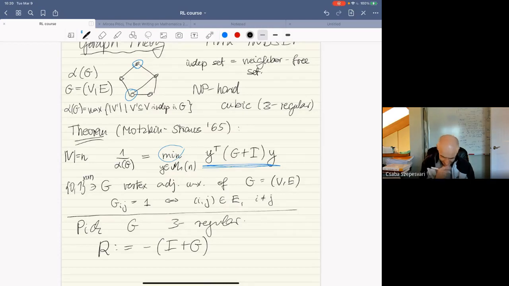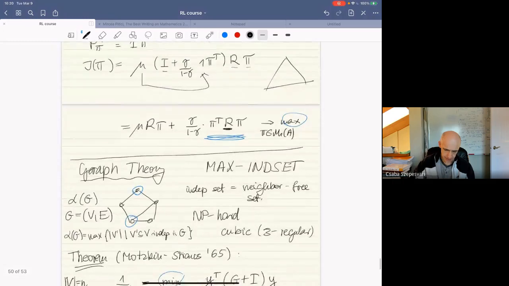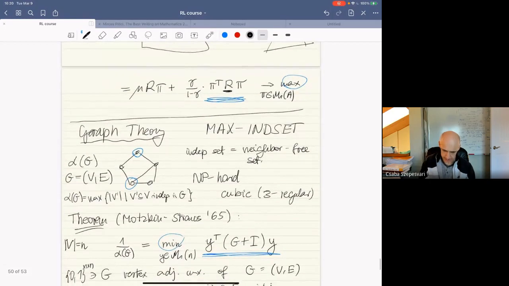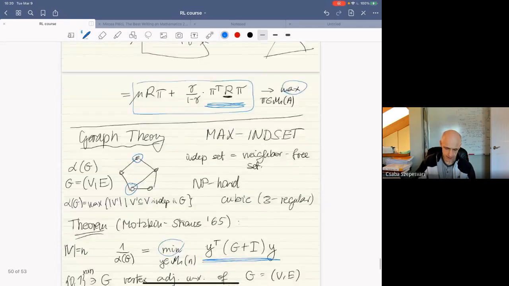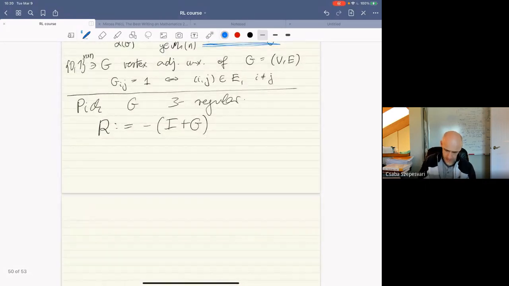This is a square matrix. It's good. We have the same number of actions as the number of states. Maybe that was not a coincidence. That's why we got this quadratic expression in the first place. And so if we choose this, then let's plug into this expression and calculate what J of pi is going to be.